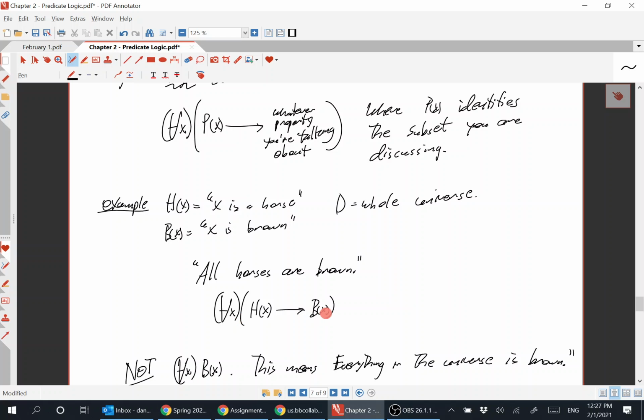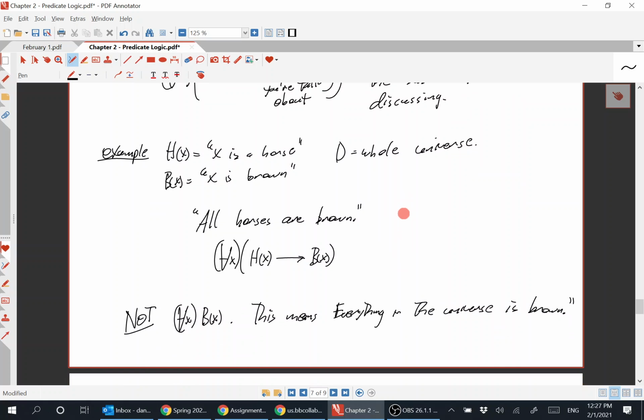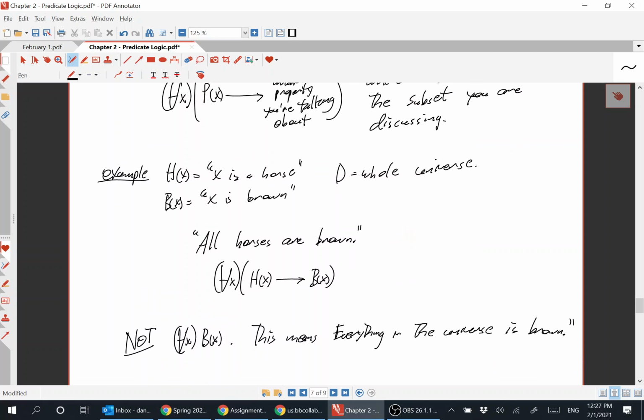If this is true, then this statement is true. If this is false, then this statement is false. They have the exact same truth value. I'm not saying it's true, I'm not saying it's false, just that they have the same truth value. Remember, the only time an implication is false is when the hypothesis is true and the conclusion is false.